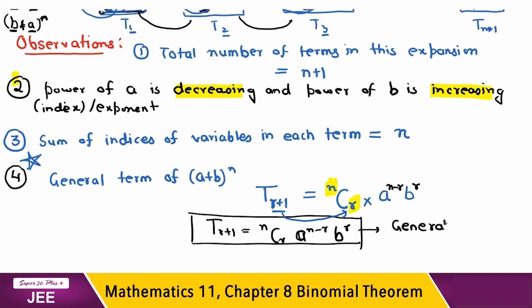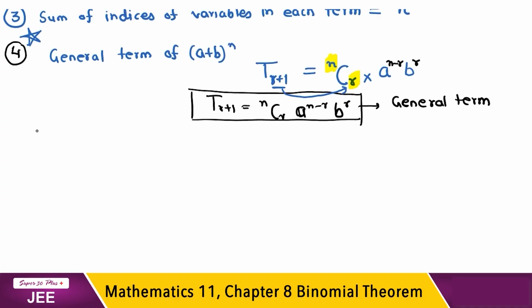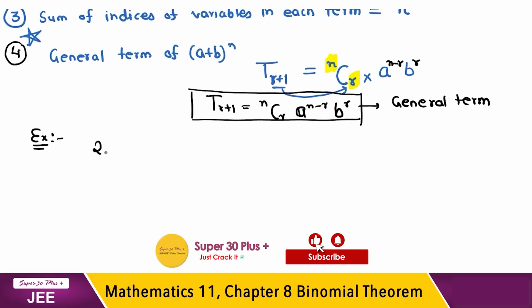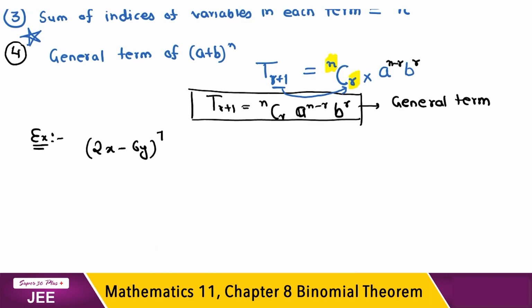Now most of the questions are formed on the general term. If you are clear with the general term, you will be able to crack questions that are completely based on it. You must write down the general term of any binomial. For example, let's say I have 2x minus 6y raised to the power 7, or let's say plus.